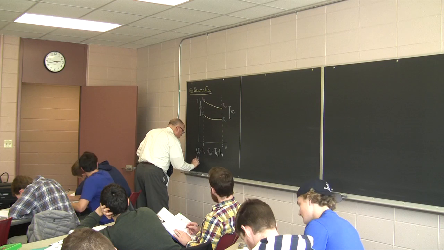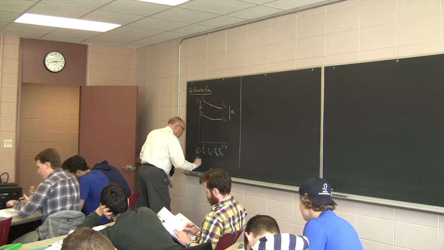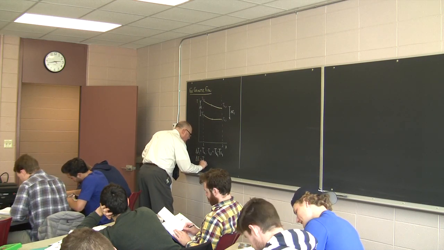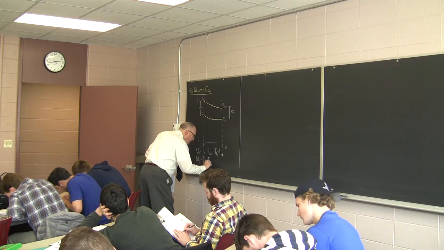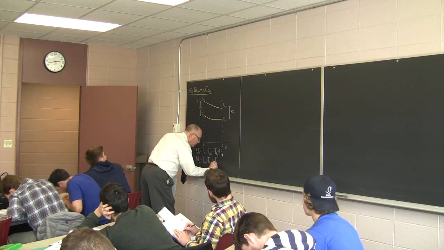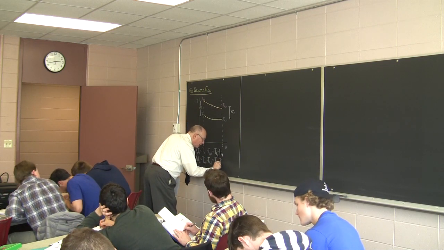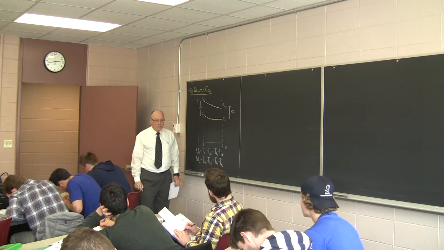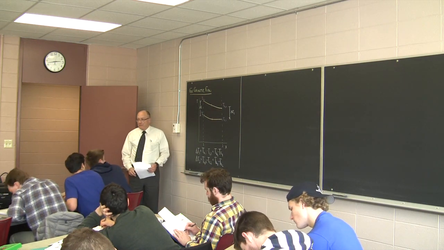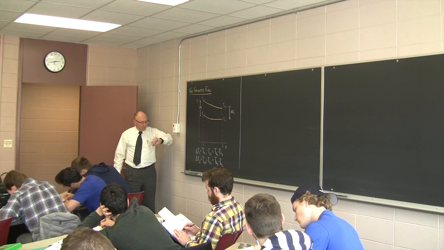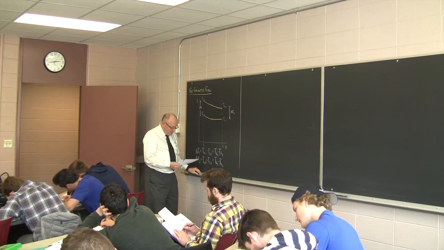And delta T2 is equal to T_H out minus T cold in, but that's also still T_H2 minus T cold 2. Okay? Pretty simple.